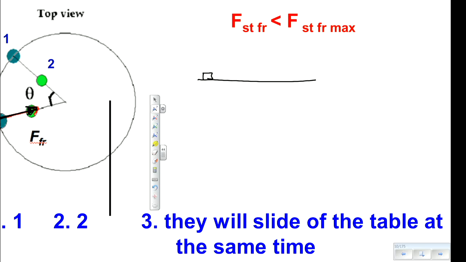Let's say side view. Friction, right? Still points toward the center. We also have normal. We also have gravity. This is static friction.